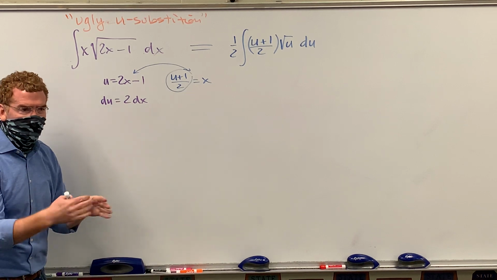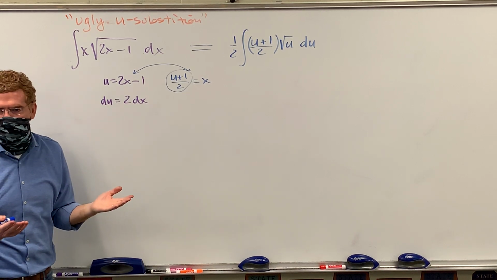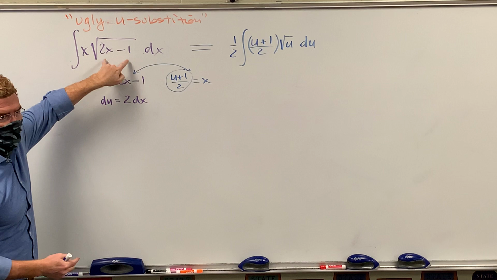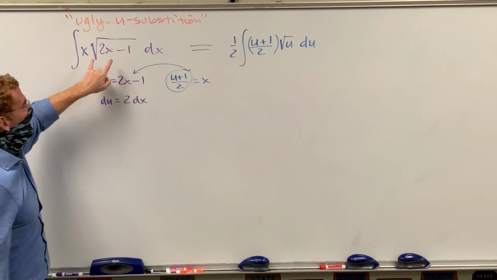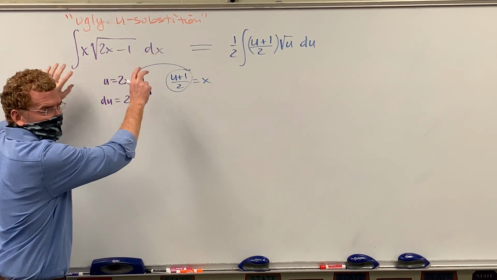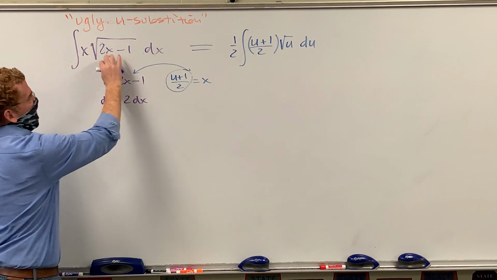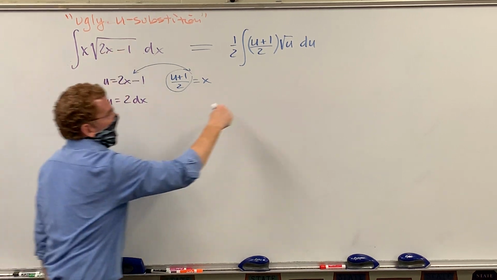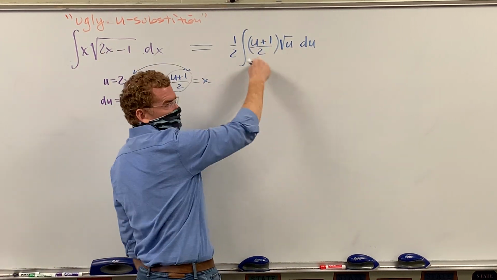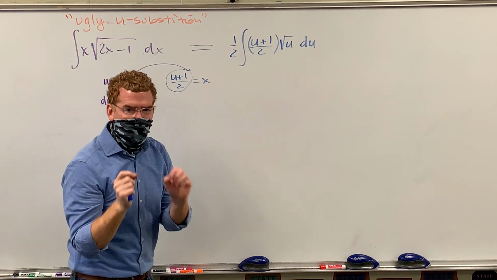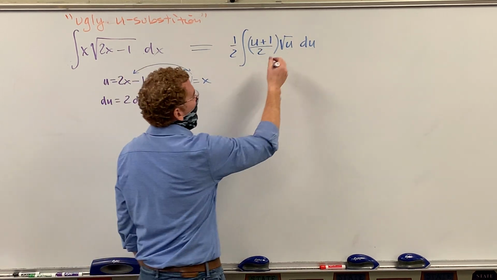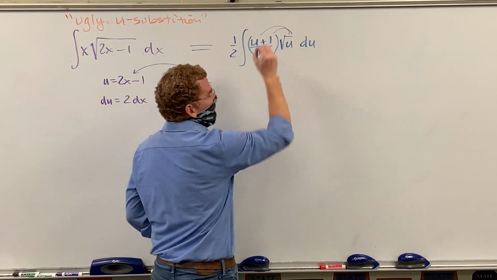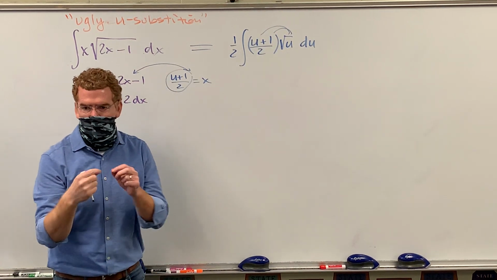And that was terrible because we tried the u substitution, it didn't work here, because there's more than one term under there. But now that I've kind of switched positions, now instead of having a monomial here and a bunch of junk there, I got one number here and a bunch of junk here. And the advantage of that is, I can now distribute this in, and I'll have a bunch of powers.